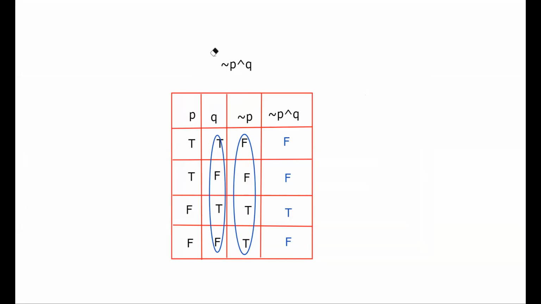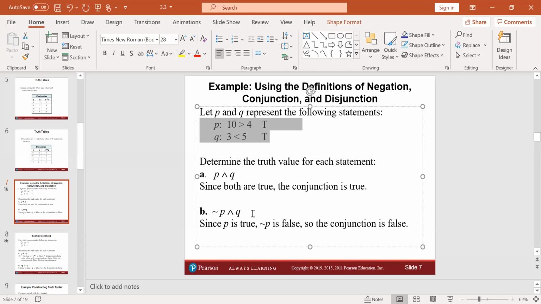So now we are focused in just on this row here. And our final conclusion is that not P and Q is a false statement. Hence, I can say that not P and Q is a false statement.